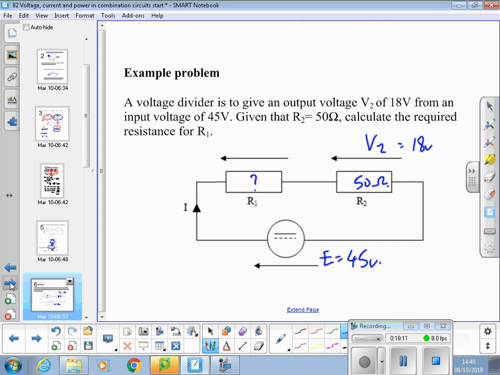Notice the question doesn't say calculate the current. But using the voltage divider rule and rearranging it, we can do that.